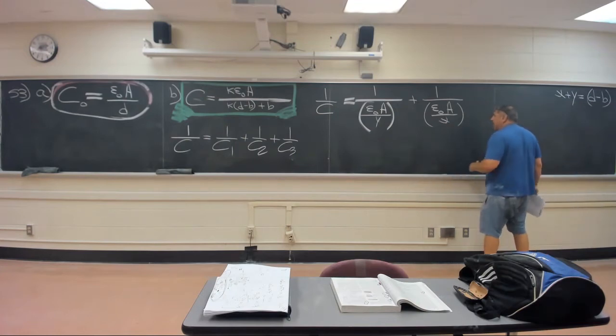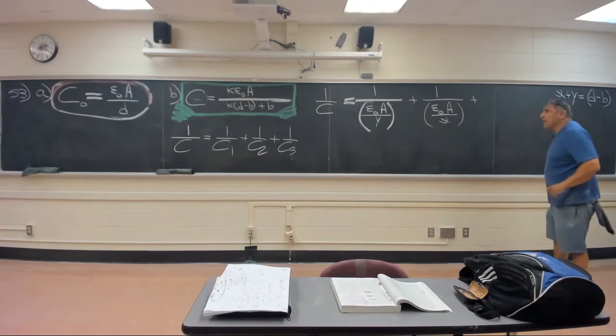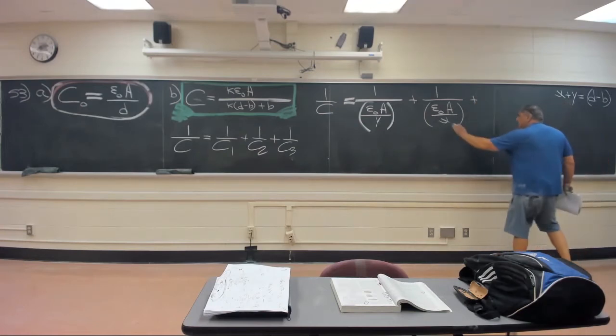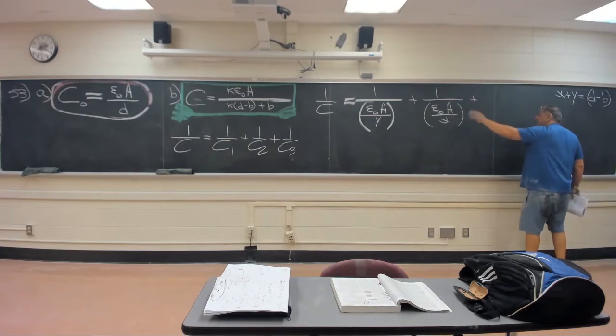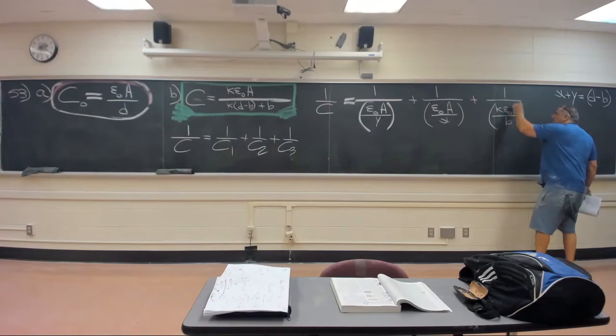So the separation X, separation Y, free space to the dielectric, and then the dielectric itself is kappa epsilon naught A over B.